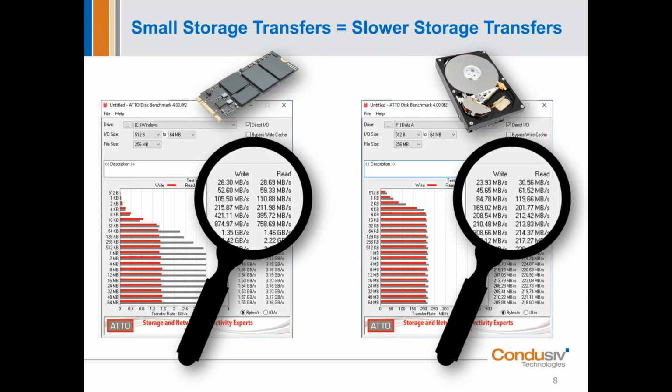Smaller storage I/Os mean less data can be read and written per second. And I guess that's okay if you're actually reading or writing only 2K or 4K of data.